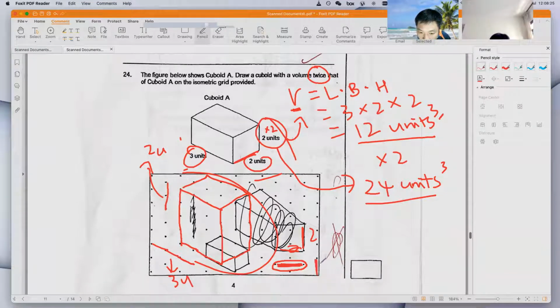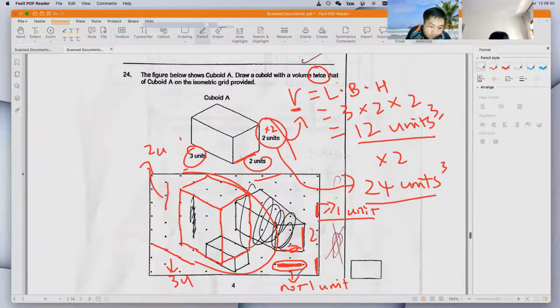Actually what they want is they want this as 1U. They want the vertical height as 1 unit. This is not 1U according to the question. So they don't want the horizontal length.